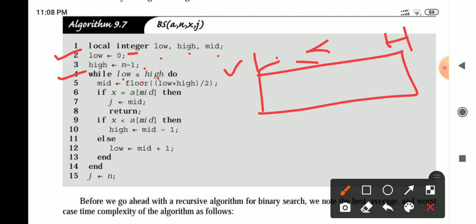We are going to divide that array into two parts. Here in between we get the mid value, this is the left part and this is the right part. And then we are going to check the values less than and greater than mid.